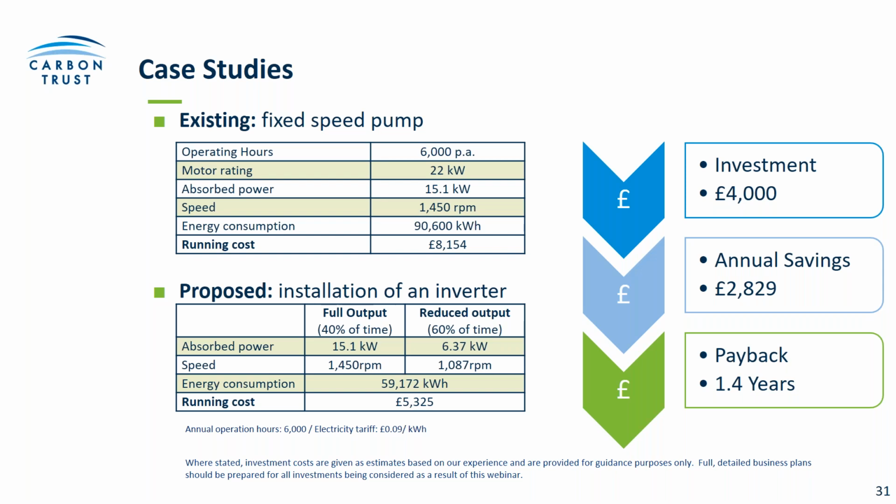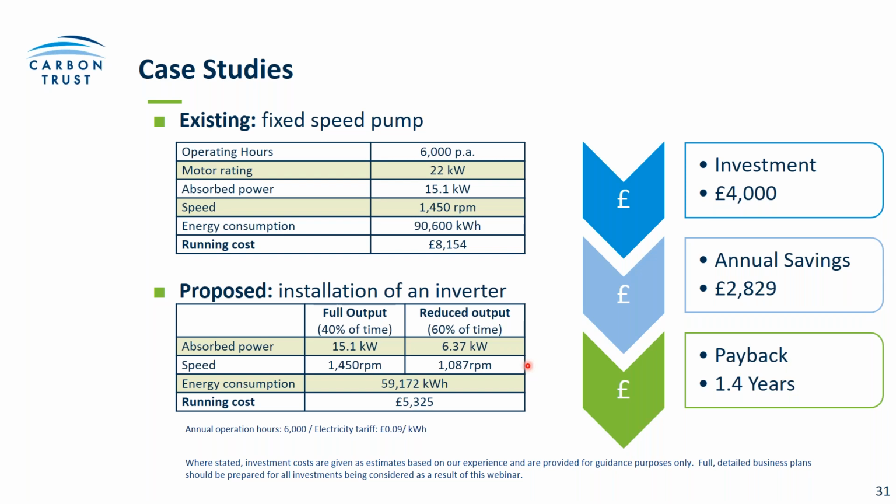And at that point, the motor would be running with a much reduced absorbed power of 6.37 kilowatts in comparison to the normal 15.1. So it's the same motor, but has an inverter now installed on it, able to reduce its speed to a lower level at times when it's got less requirement, and that then provides significant savings.